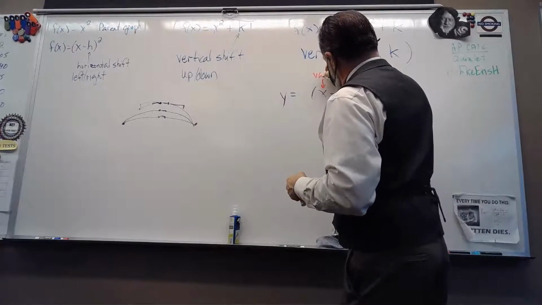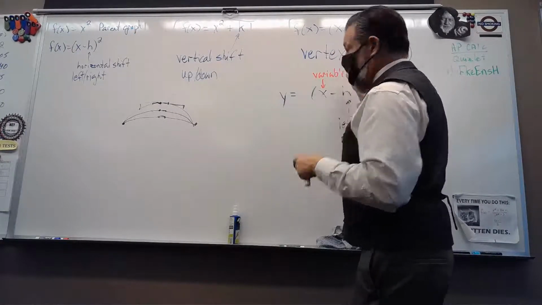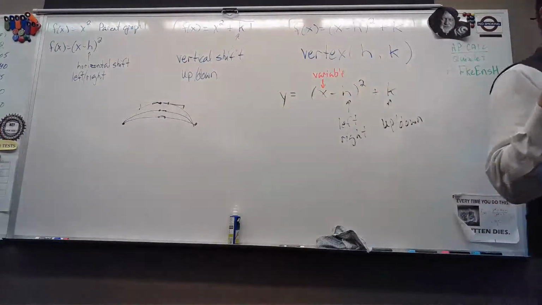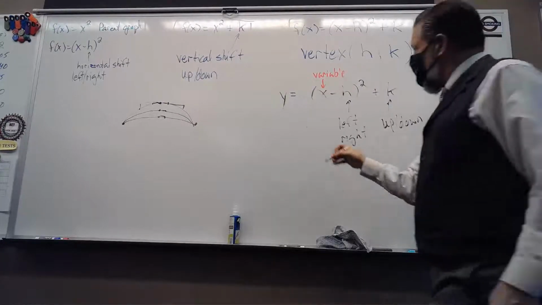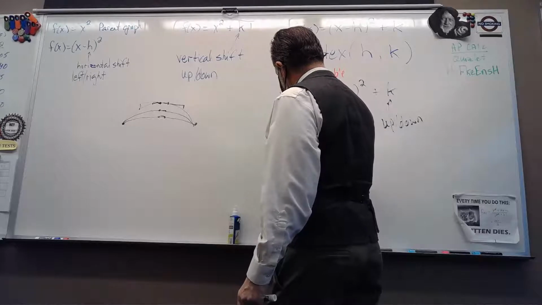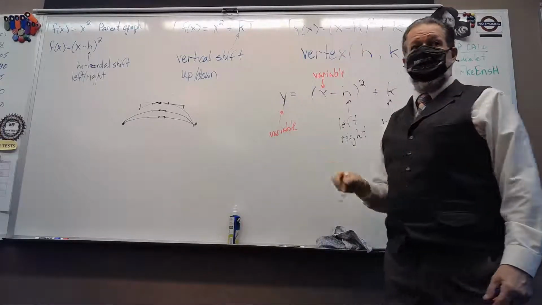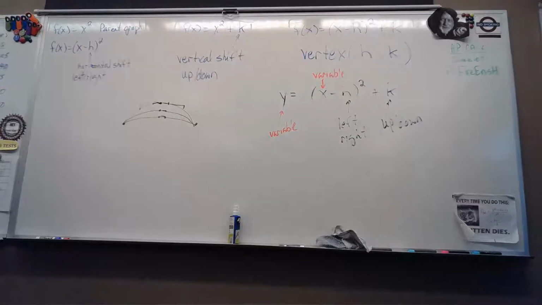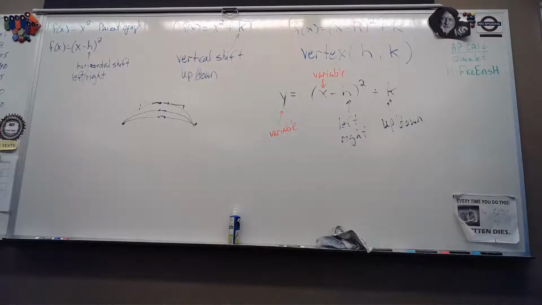This is a variable. You have to leave it as x because otherwise you don't have an input variable. And we know that this is also a variable. This is our output variable. Choose x, it tells us y. So the question becomes, where could we put another number that might affect this equation another way?